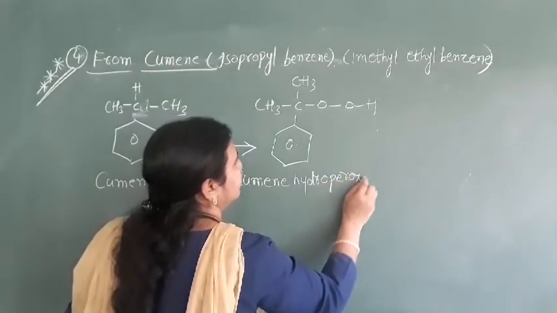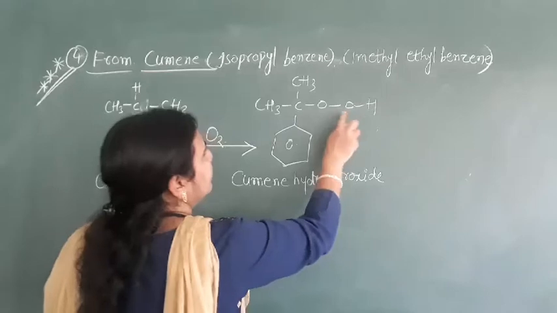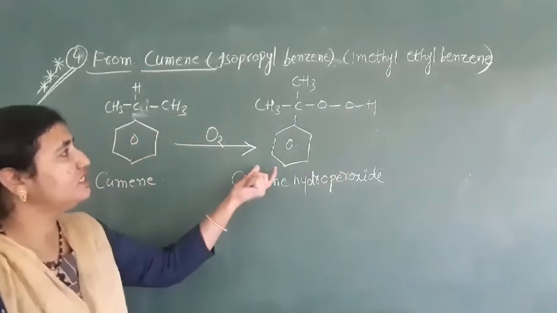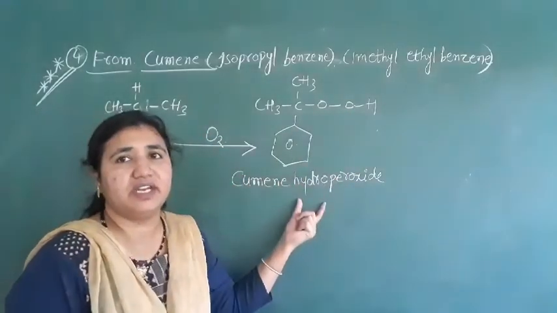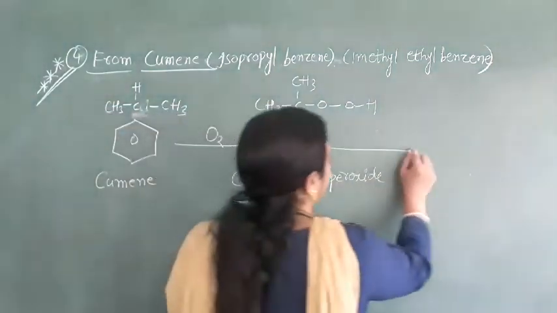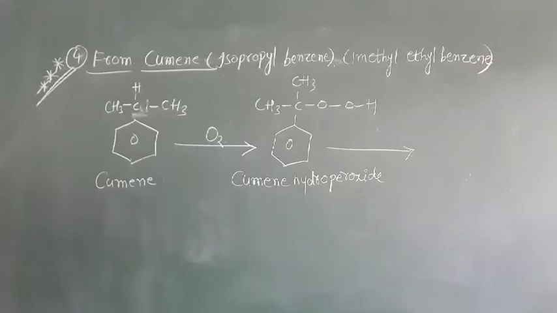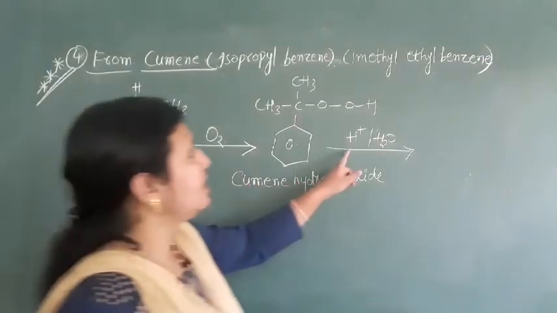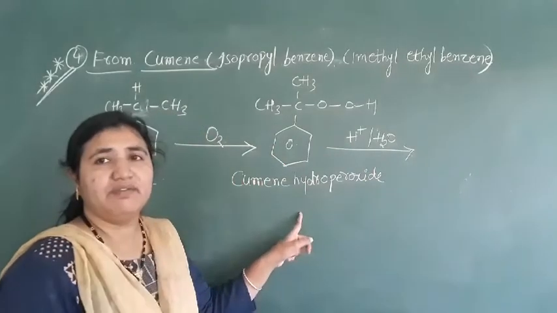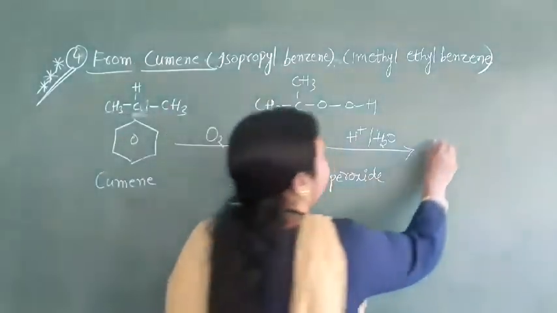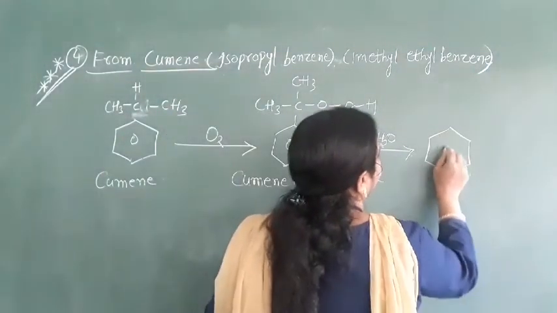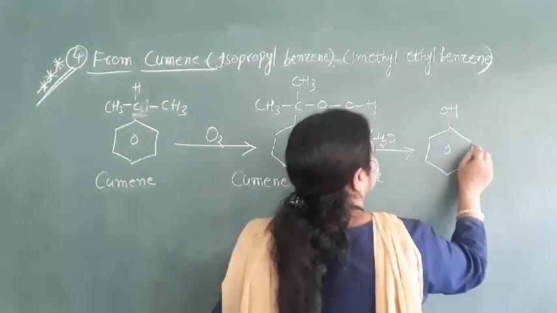This is peroxide. Oxygen, oxygen, single link, it is called peroxide here. So what is this one? Cumene hydroperoxide it is. Now this cumene hydroperoxide, on acidic hydrolysis, when it is treated with dilute acid, it converts into phenol and acetone.